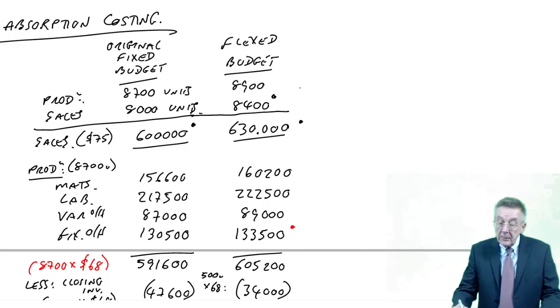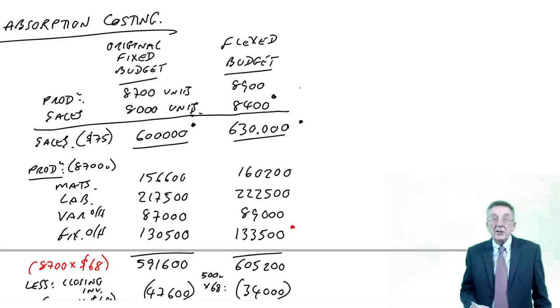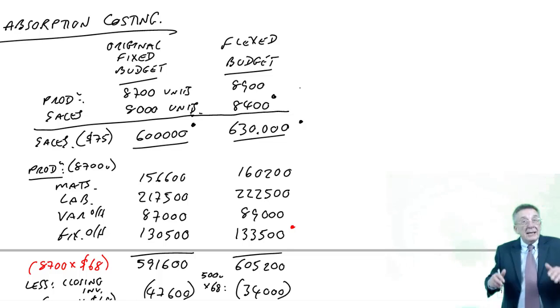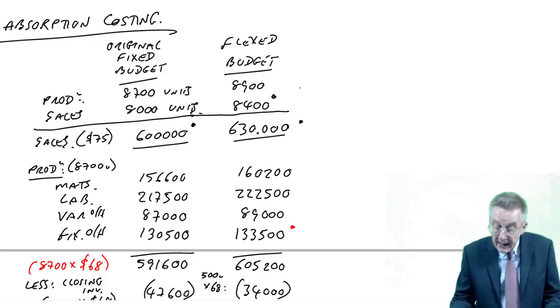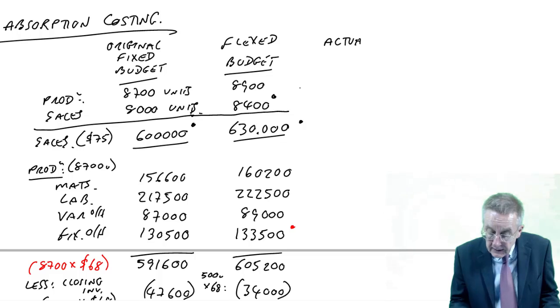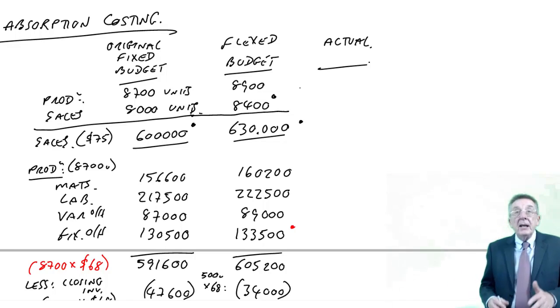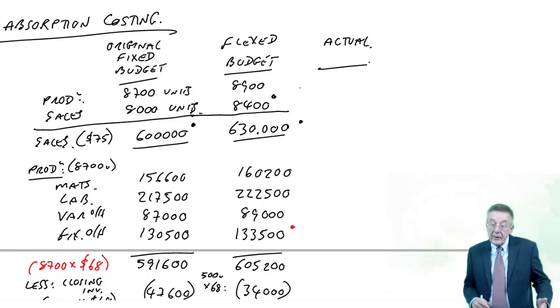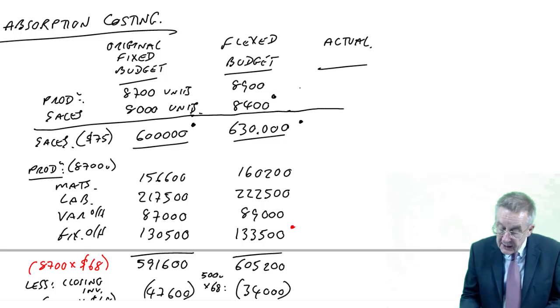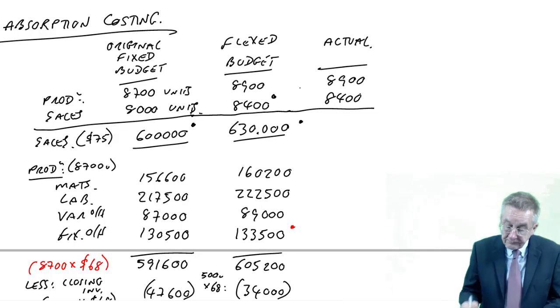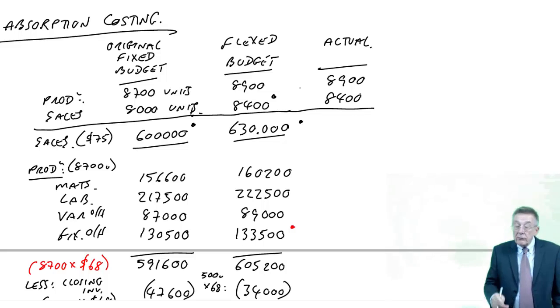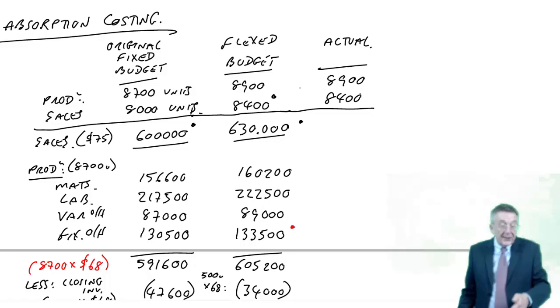However, forgetting that for the moment, what was the purpose of flexing the budget? It was because now we can fairly compare the actual results and see where we've managed to save money or where we've overspent. The actual sales were 8,400. Revenue, we know we should have now had 630.